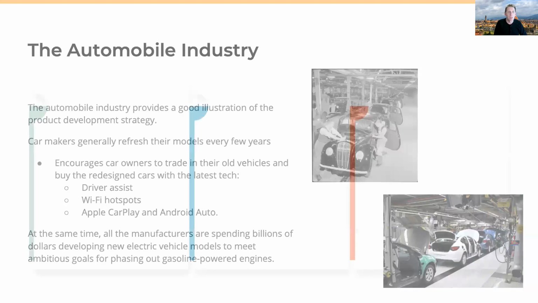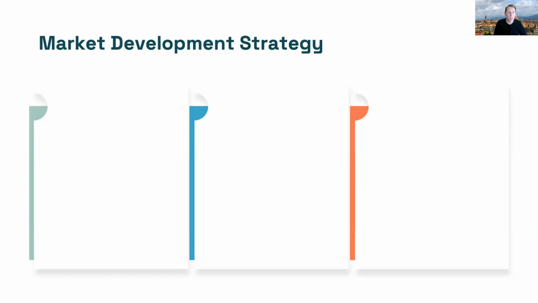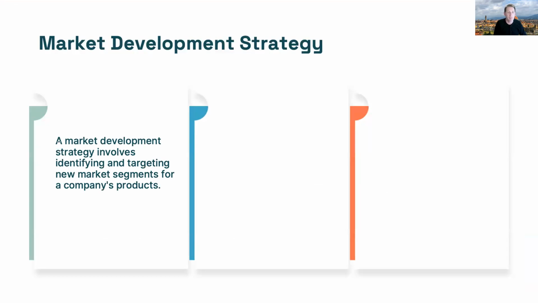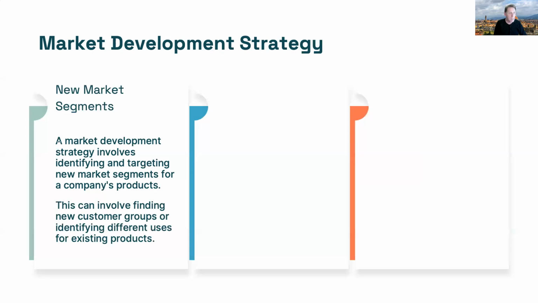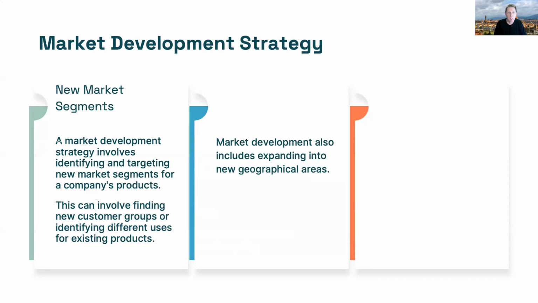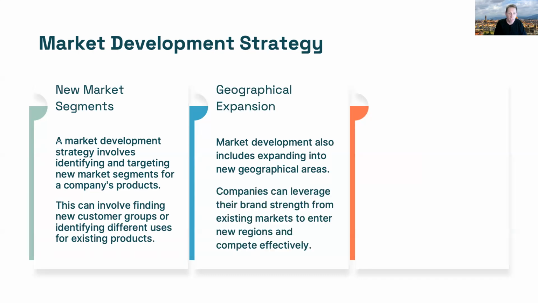So let's look at a market development strategy. Now, this involves identifying and targeting new market segments for a company's products. This can involve finding new customer groups or identifying different uses for existing products. These are new market segments. And market development also includes expanding into new geographical areas.